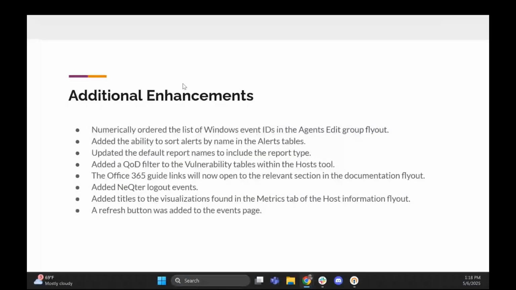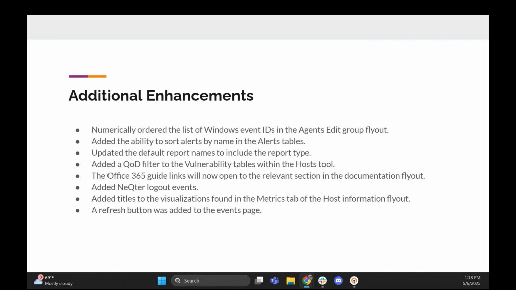So outside of that, there's a list here of different things that I can point out quickly. Let's start off at the top here. We numerically ordered the list of Windows event IDs in the agents area of the tool.